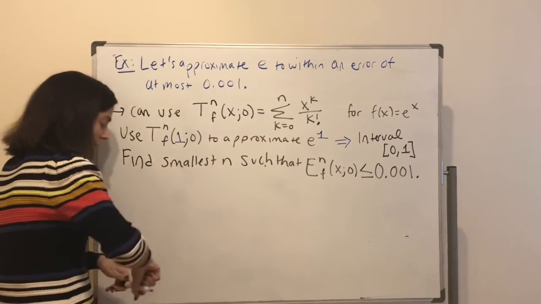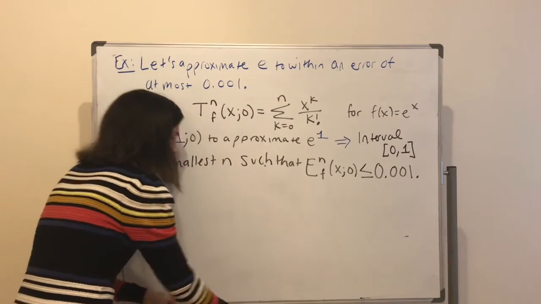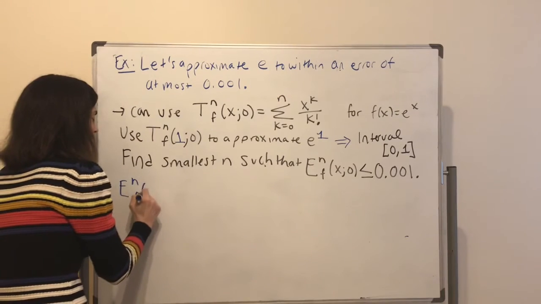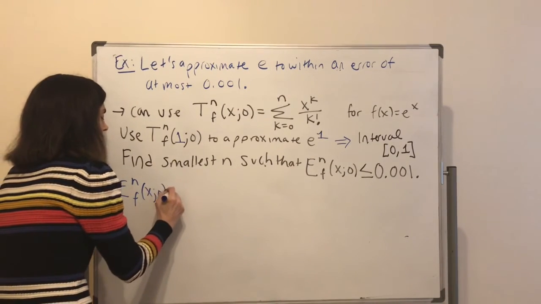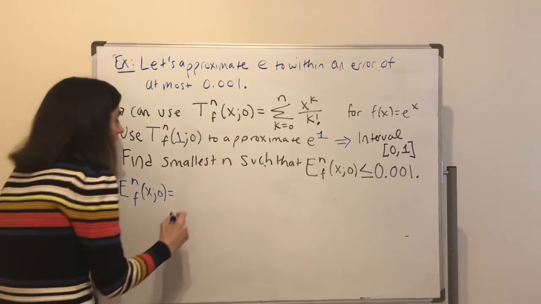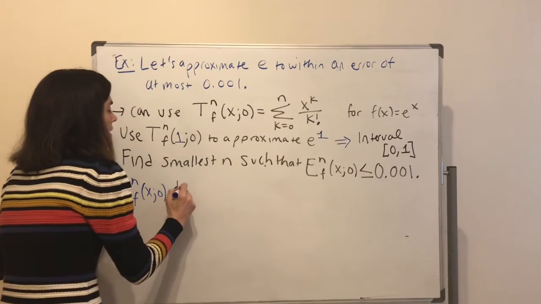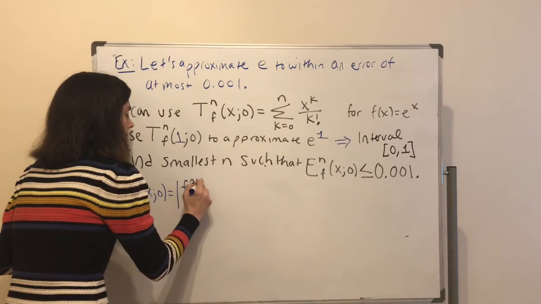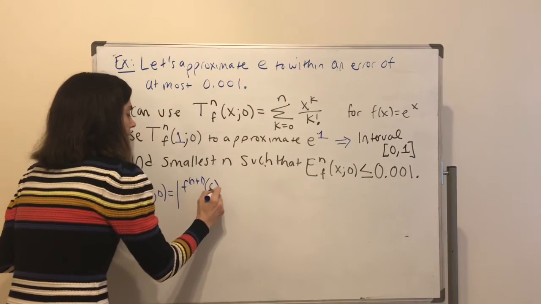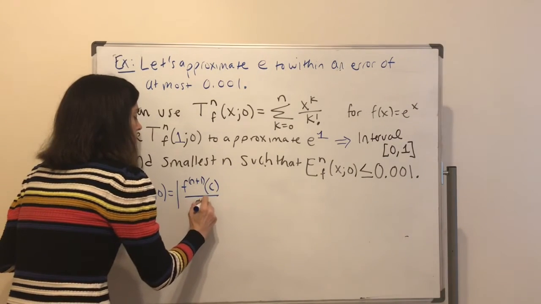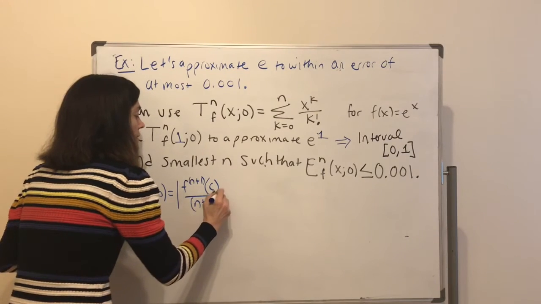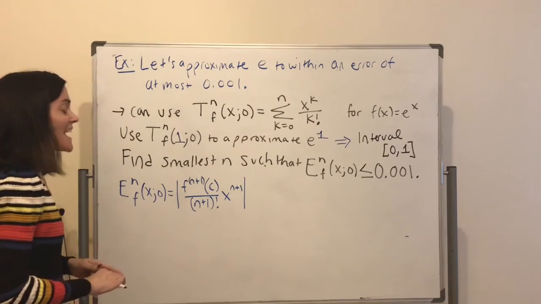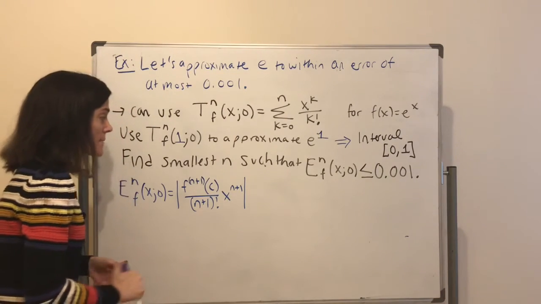So now let's begin. Maybe I will start in blue. This E_n f(x), 0 equals, well, absolute value, it's the n plus first derivative at c over n plus 1 factorial times x to the n plus 1. Okay, and this is for some c on my interval.